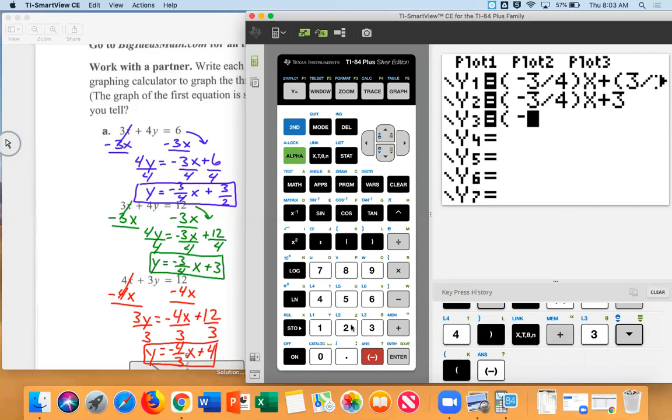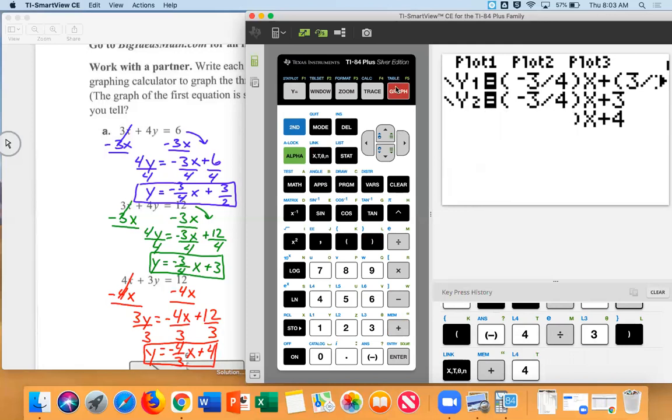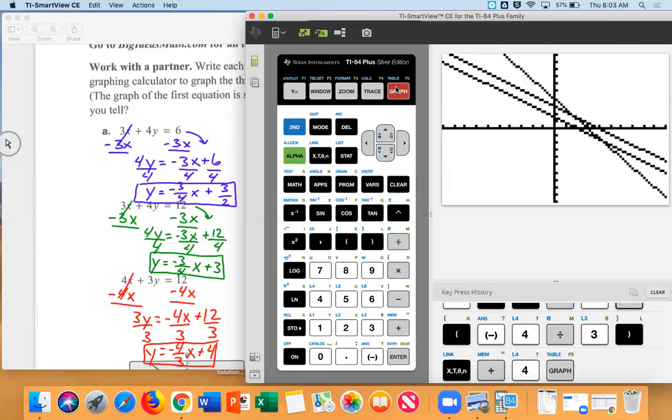All right. And then the third line, this red line down here. Okay, I'm going to type in negative 4/3 x plus 4. And now I'm going to hit graph. Okay, and these lines came up. All right. Now, the first line that appeared was the blue line.